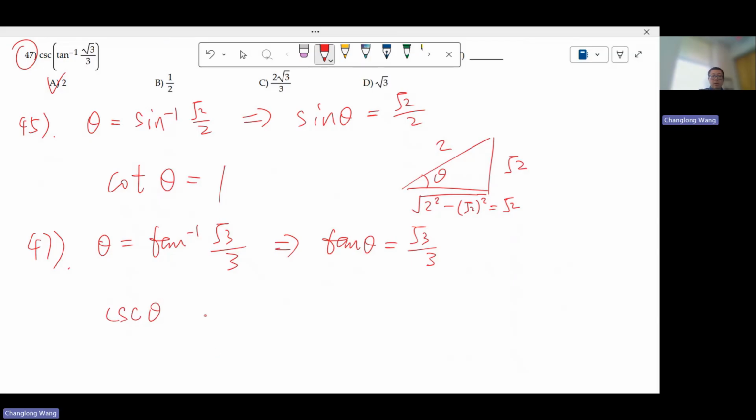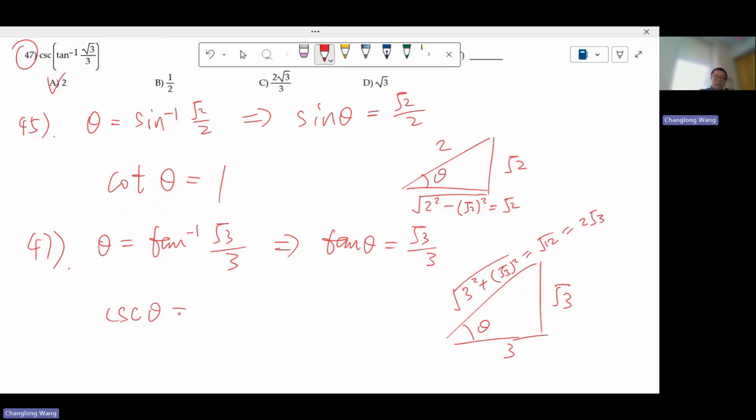But in this right triangle, angle theta is here. Opposite must be radical 3. Adjacent must be 3, right? So hypotenuse will be the sum of the squares of the 3 and radical 3. So 3 square plus radical 3 square works out as radical 12, or simplify it to be 2 radical 3.